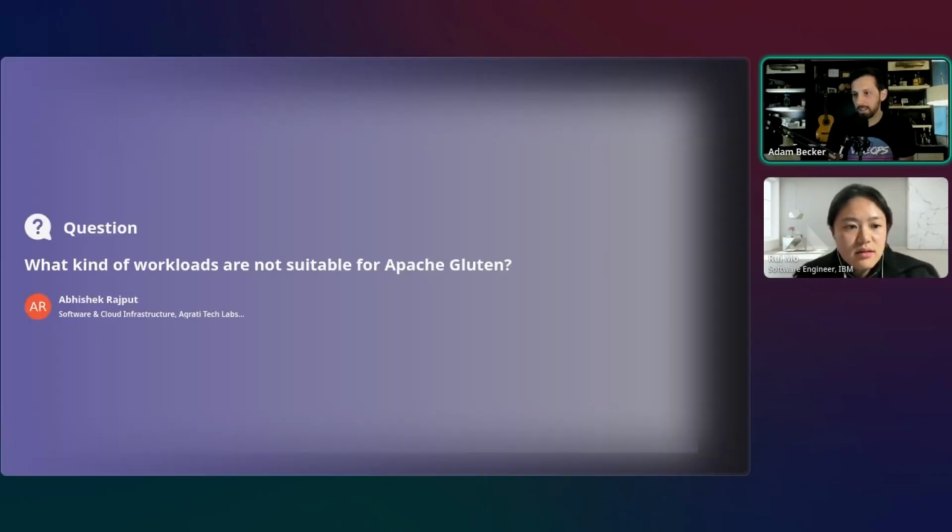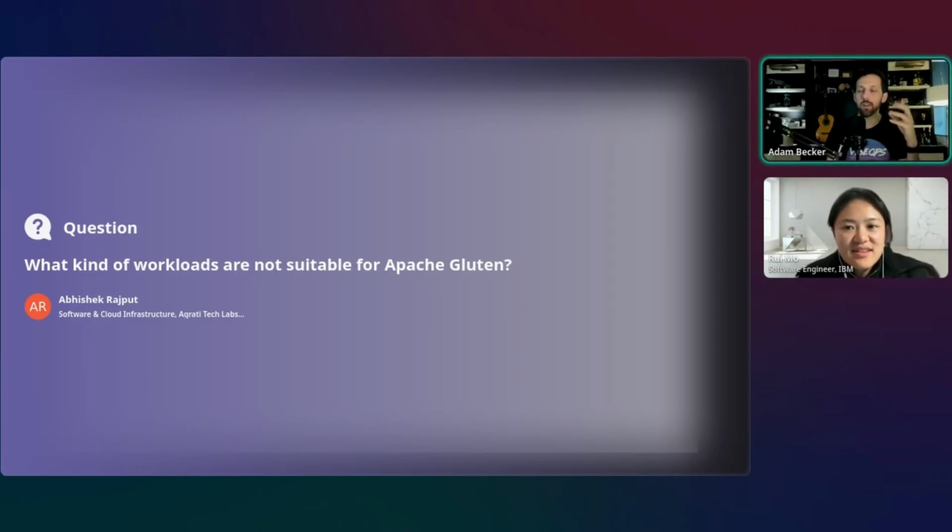What kind of workloads are not suitable for Gluten? Maybe we can frame it another way. How should people recognize a problem as a good fit for Gluten?